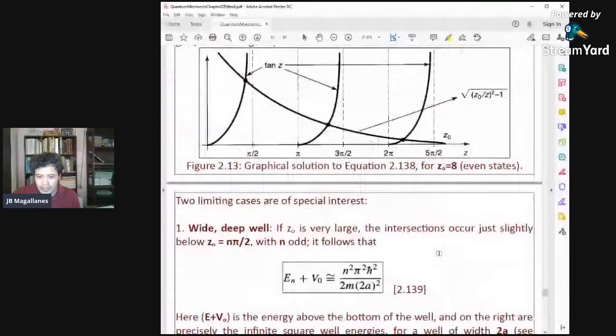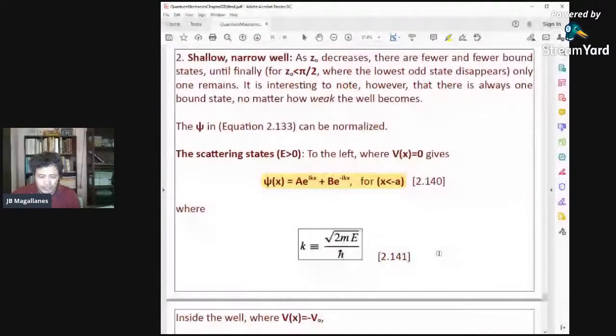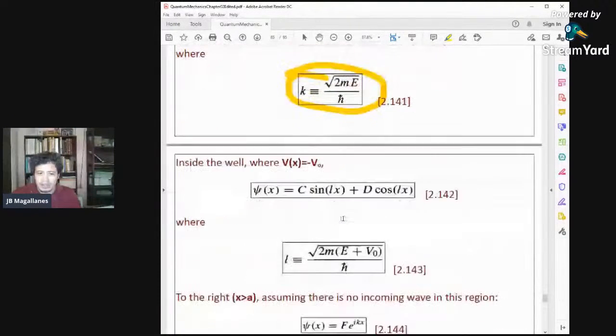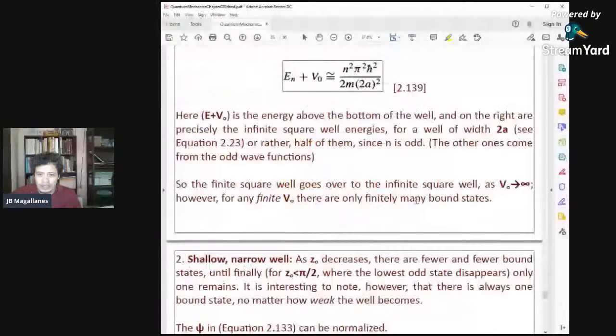So for that region, for a scattering state, you have an incident wave function, and then you have a reflected wave function. And here, as usual, you have k equal to the square root of 2mE over h bar.